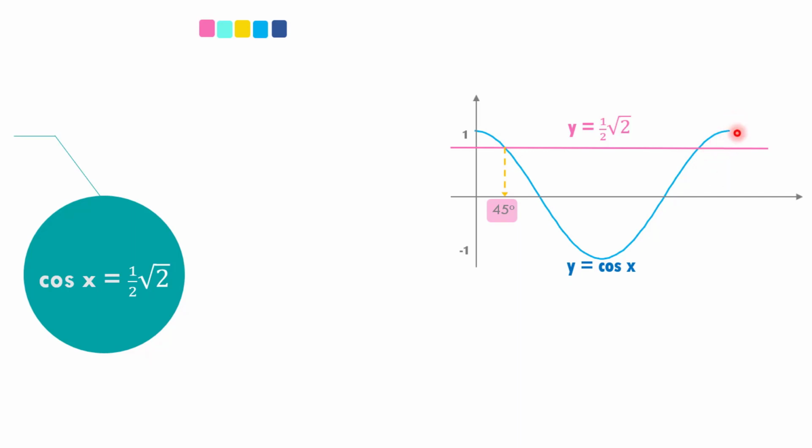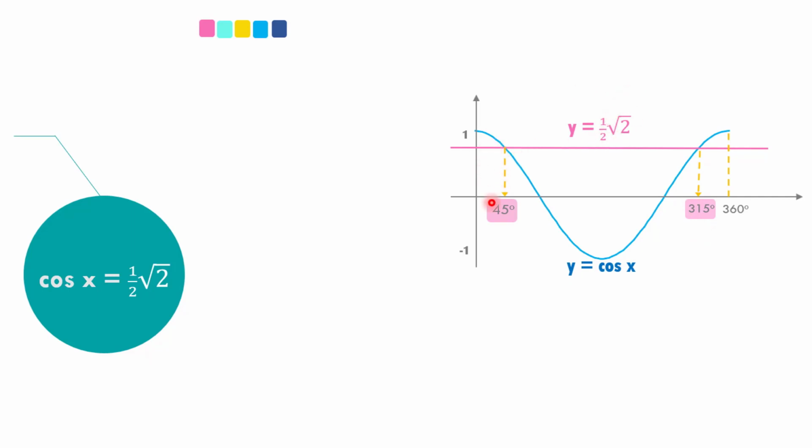And the other one at the right side, since the graph of cos x goes to 360 degrees, the other point of intersection will be 315. How to obtain it? You subtract 45 from 360.